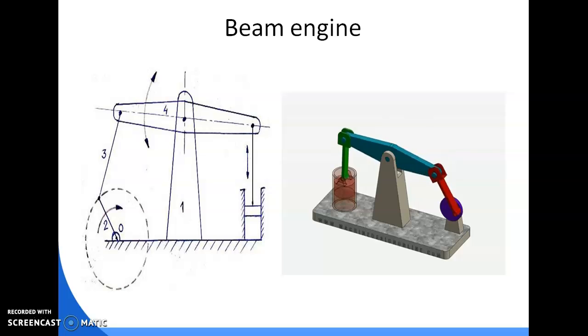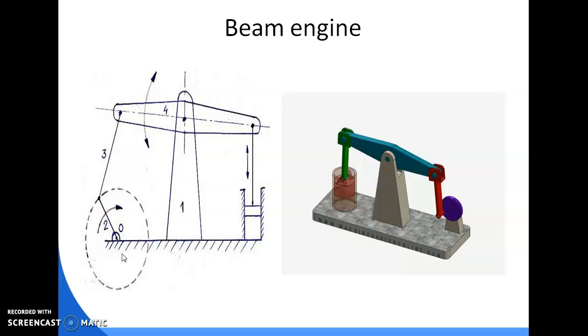This is the beam engine. Here we can see we have 4 links. Link number 1 is the fixed link, this stand and the cylinder. Link number 2 is the crank. Link number 3 is the connecting rod, which connects the crank and the oscillating member.